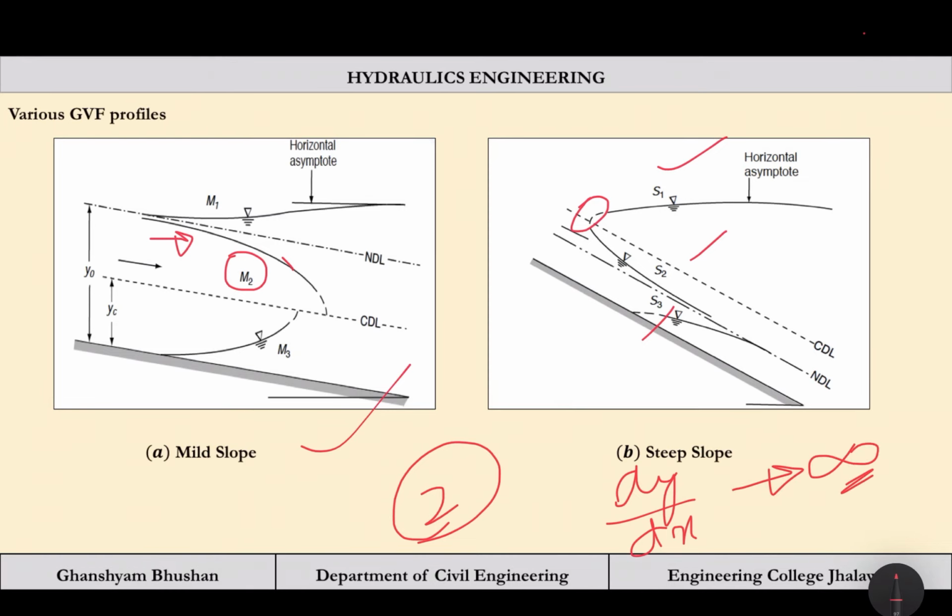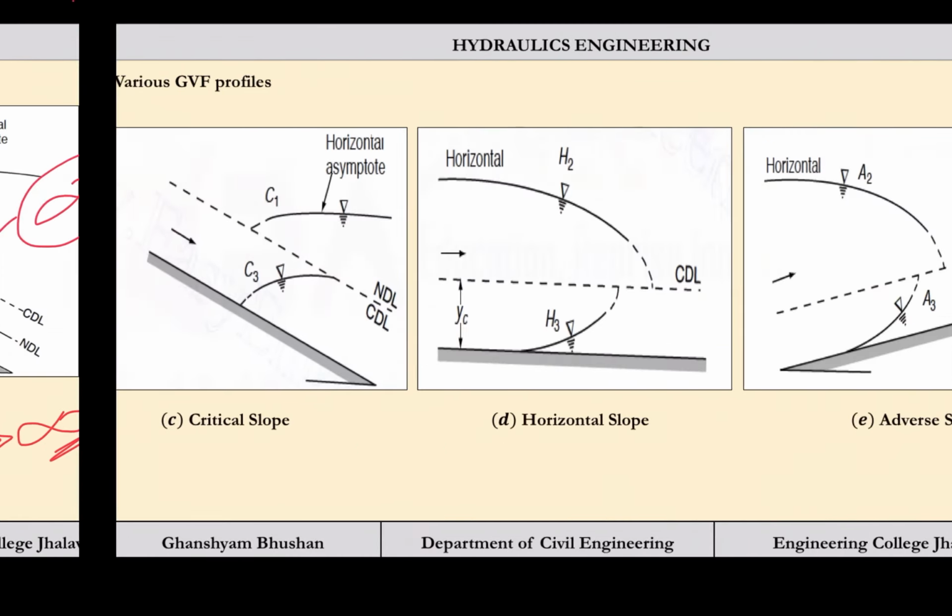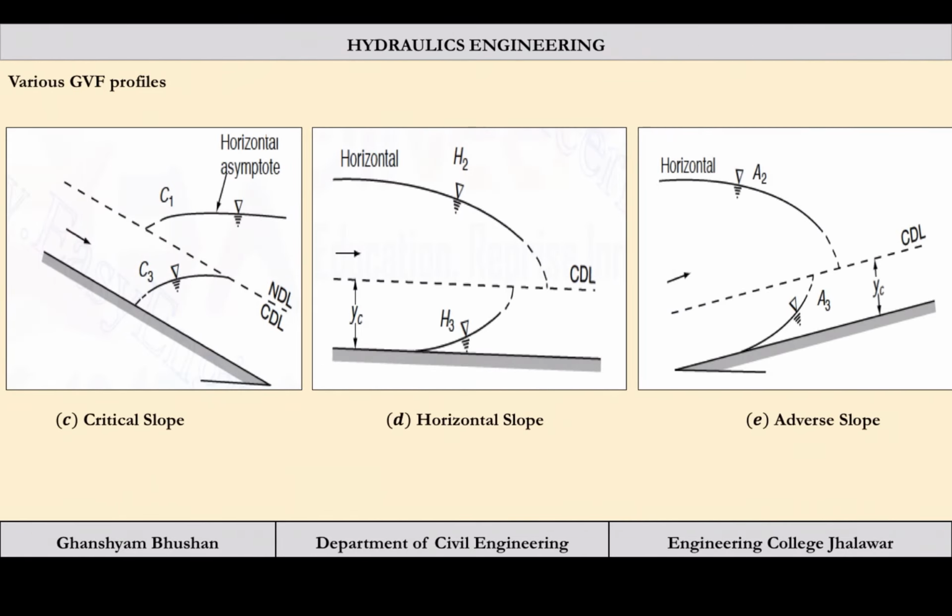That means tan theta is 90 degrees. So when they touch the critical depth, when y becomes yc, the denominator will become 0 and dy by dx will approach infinity. So that is why they will never touch; they will only be asymptotic, or they will be perpendicular to the CDL and NDL.